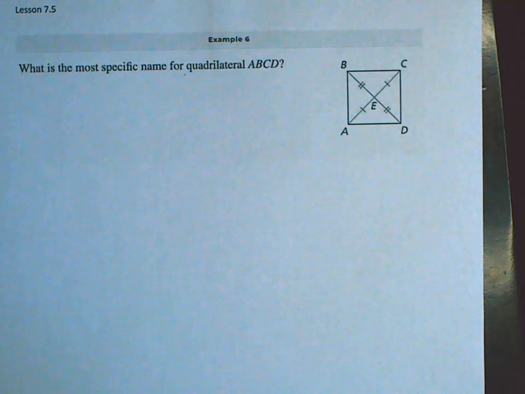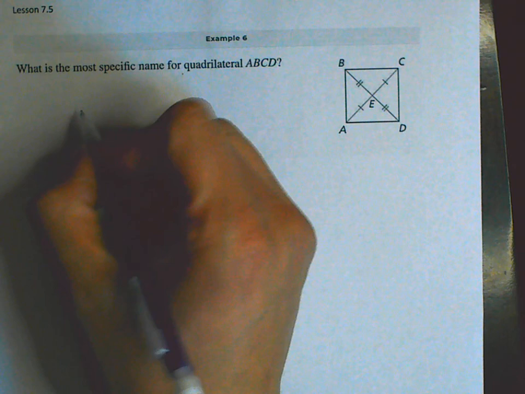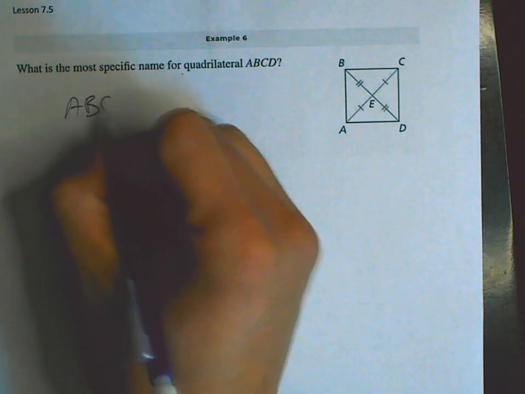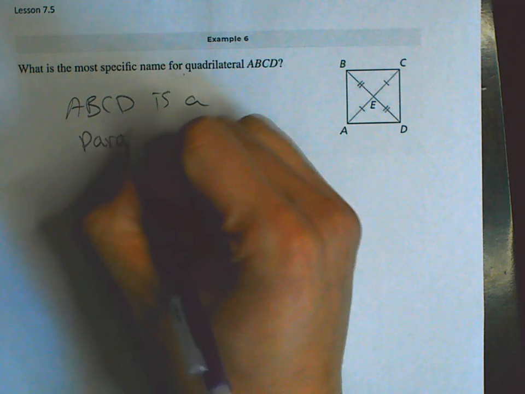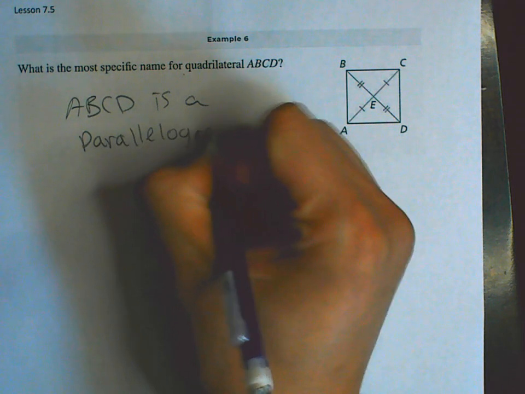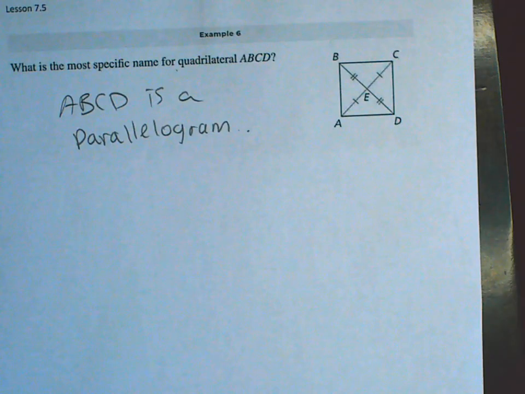Okay, what is the most specific name for the quadrilateral? Looking at this quadrilateral, the only thing that you can see here is that the diagonals bisect each other. And that's it. So the only thing that we can say here is that ABCD is a parallelogram. That's all we know.